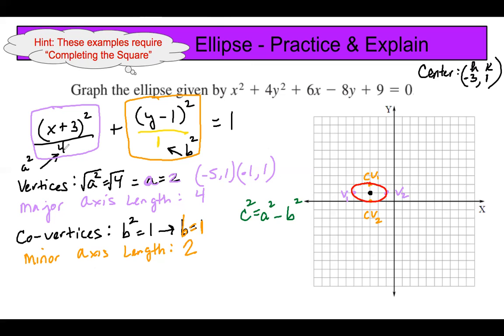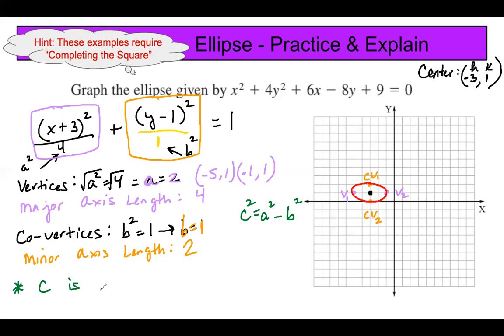Remember that A length was the distance each way from the center to either vertex, and the B length was the distance each way from the center to the covertices along the minor axis.